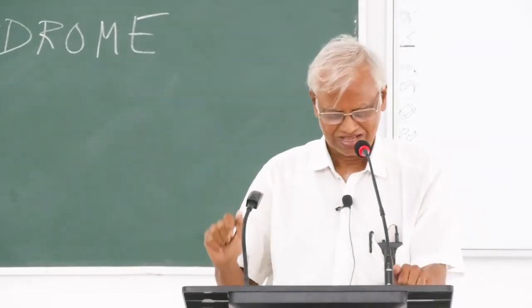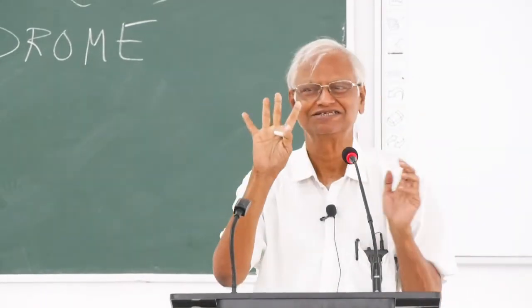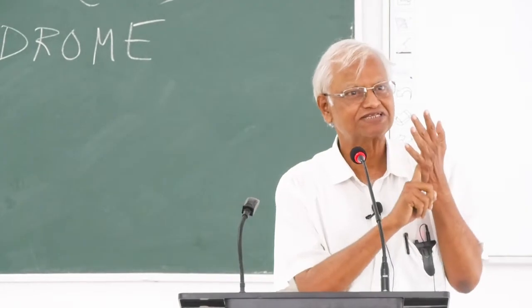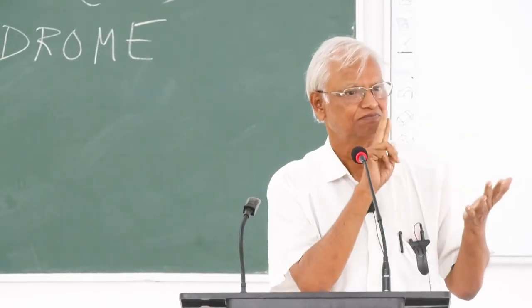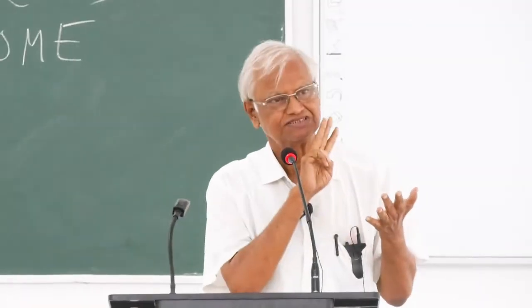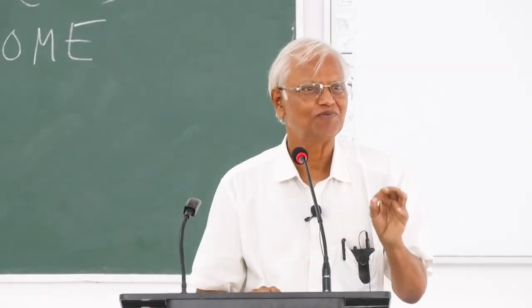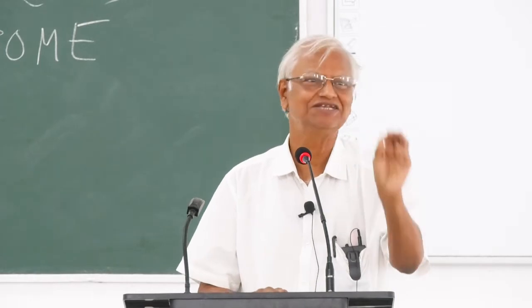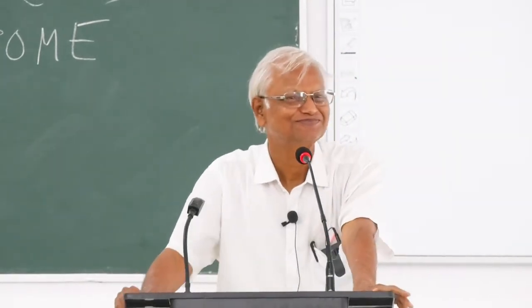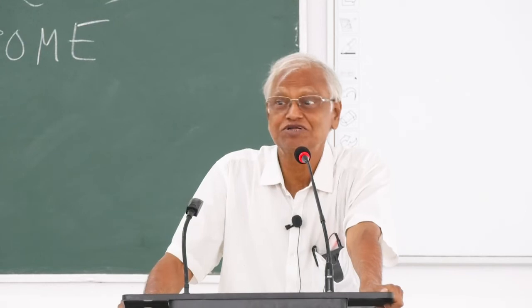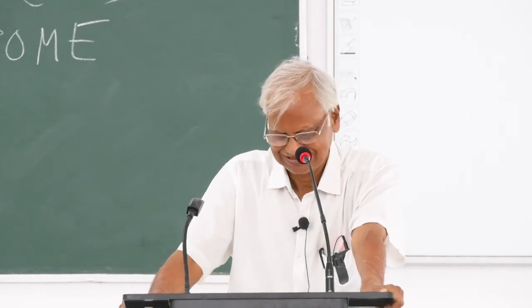Only 4 diseases: complete section of the spinal cord, Brown-Séquard syndrome, syringomyelia, tabes dorsalis. One of them will be present in your question paper every year without exception. I don't know why.